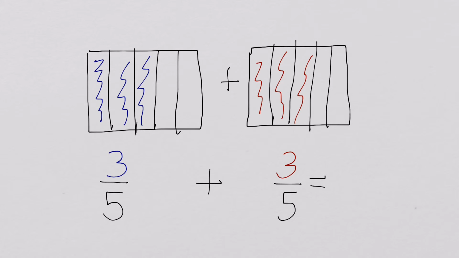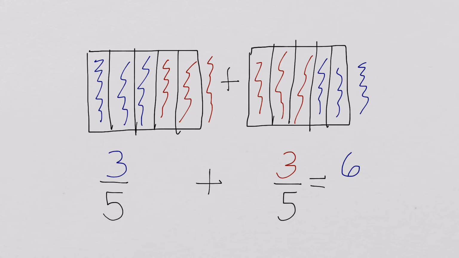Well, I'm going to have 1, 2, and then I'm going to have another piece right outside here. Now let's try it on the other side. 1, 2, nope, once again, another piece on the outside there. And if we add all this up, our numerators, 3 plus 3 is 6. And our denominator stays the same. So we get 6/5.